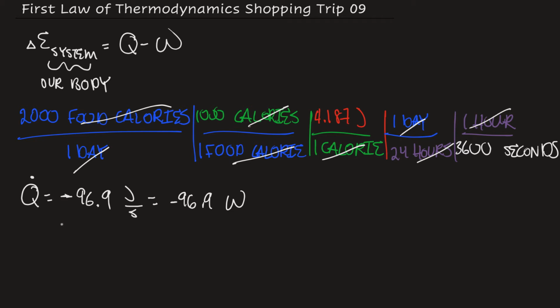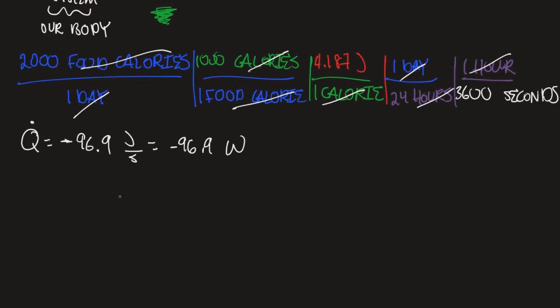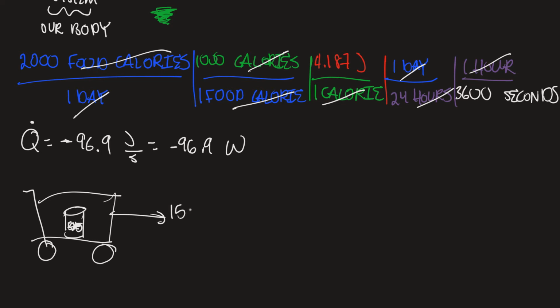Now that we have the heat dissipation by the body, we need to find the work interaction right here. So if we think about getting the can of black beans, imagine we really like pushing shopping carts. So if this is a shopping cart with some wheels, and we have our can of beans, and beans definitely says beans, and we're pushing with 15 newtons of force.